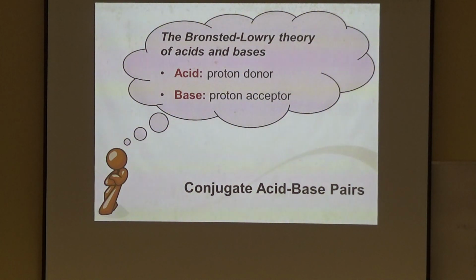At A levels, you cannot memorize whether something is an acid or a base. It depends on the situation. I can write you an equation. Nitric acid, you all know as an acid. I can write you an equation where nitric acid is acting as a base. Ammonia is typically a base.